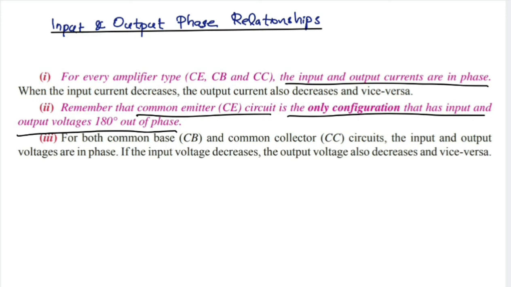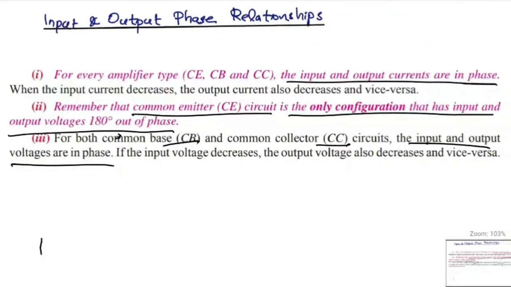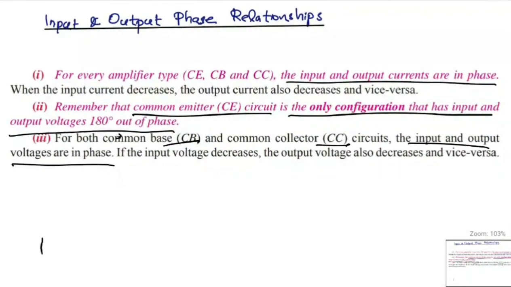But for both common base and common collector, the input and output voltages are in phase. That means the phase difference is 0 degree. So that is another important point. The phase reversal is shown only by common emitter transistor amplifier in the case of voltages. In the case of current, all the three types of configurations show no phase change.